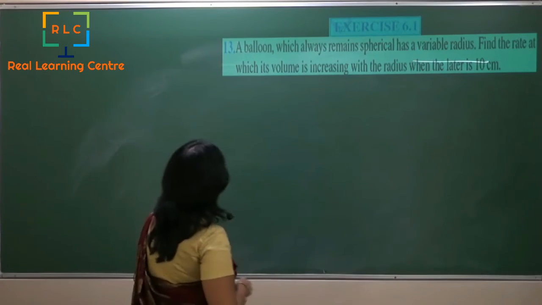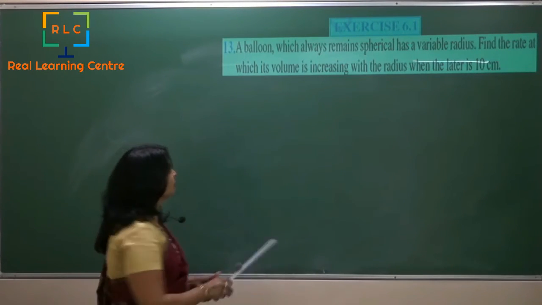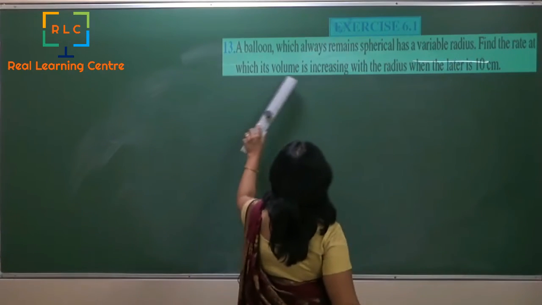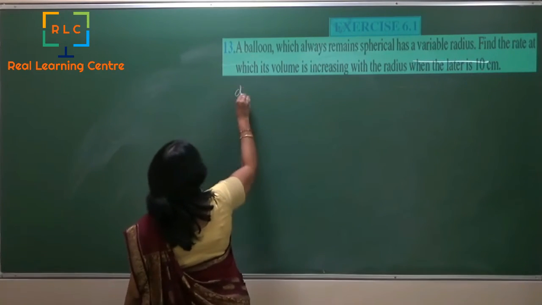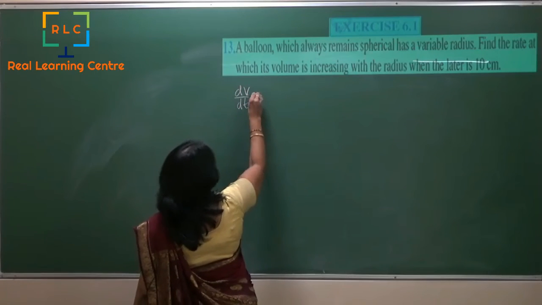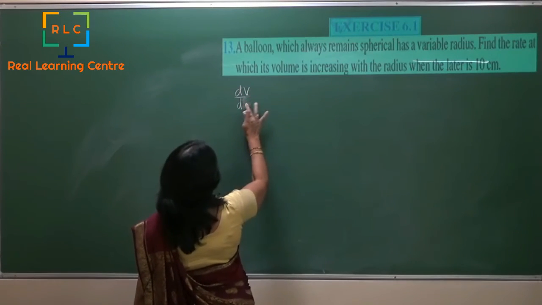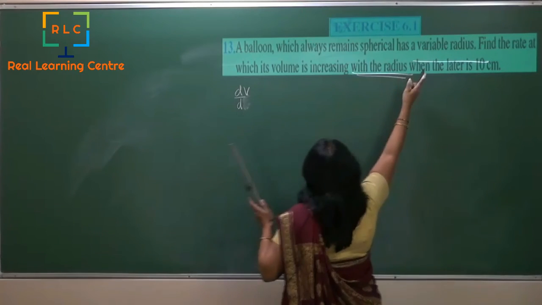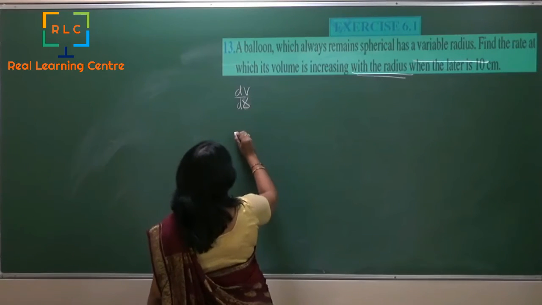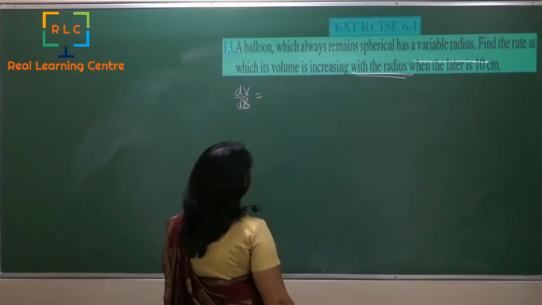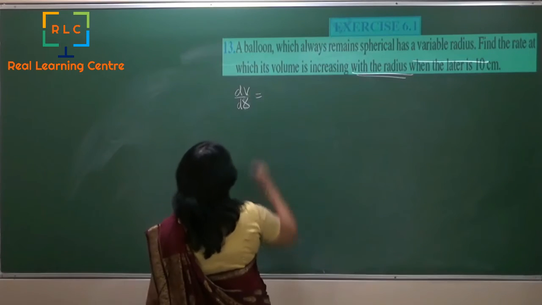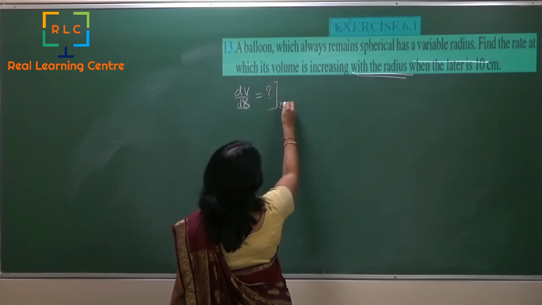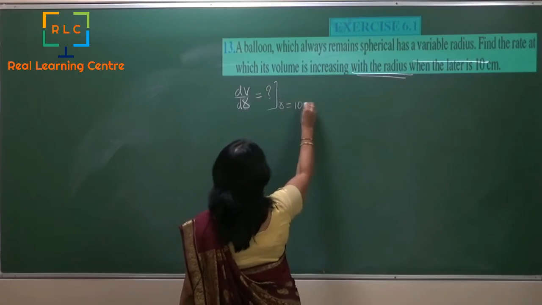Find the rate at which its volume is increasing with the radius. That's why they have told dV by dr. That's why they are telling it is variable radius. dV by dr is equal to question mark when the latter is 10 centimeter.